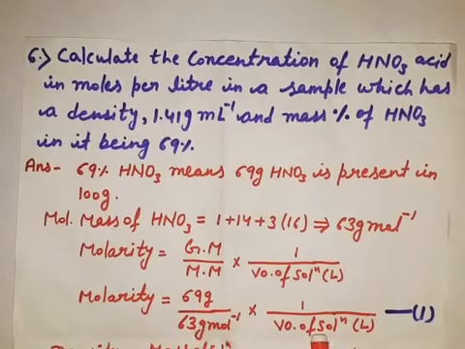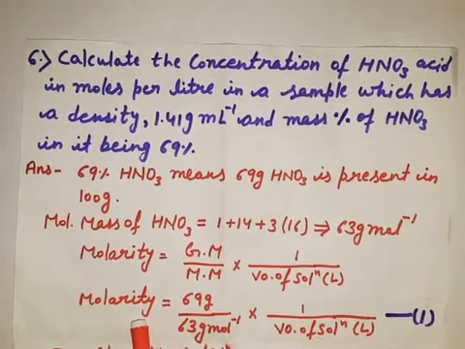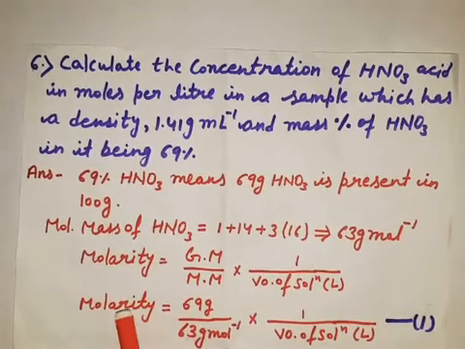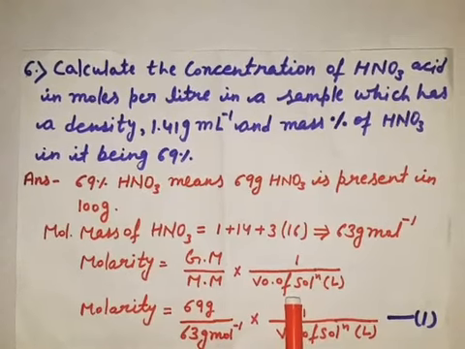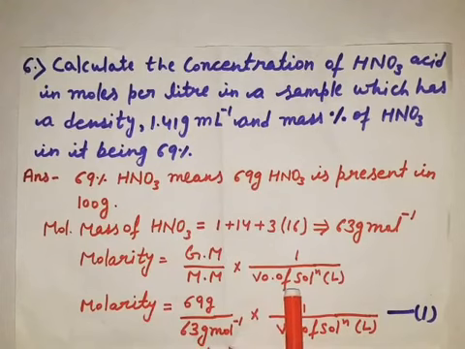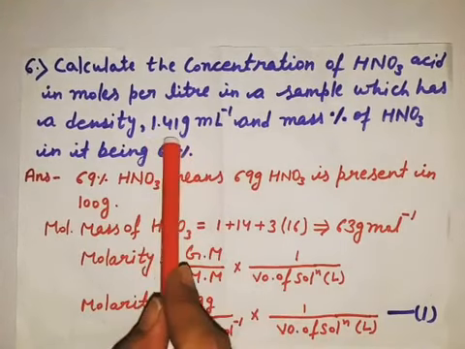Now volume of solution is unknown and molarity is also unknown. In the question we have to calculate molarity, but for that we have to put the value of volume of solution. Now we can calculate volume of solution from density, which is given in the question.